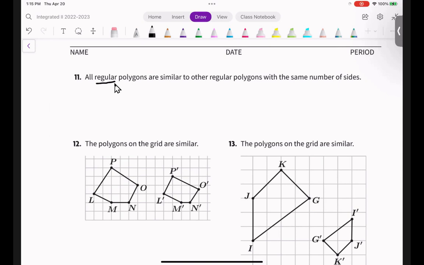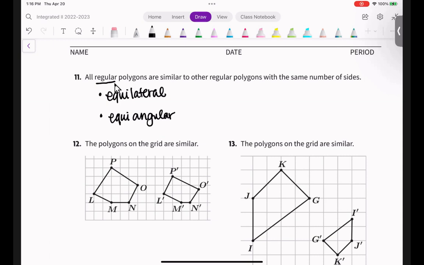Yes? No. Okay. Regular means two things. Number one, equilateral. Number two, equiangular. So both of those things make up a regular polygon.